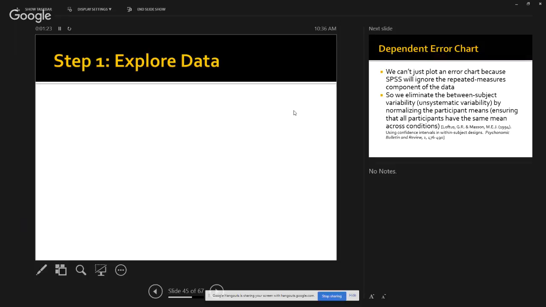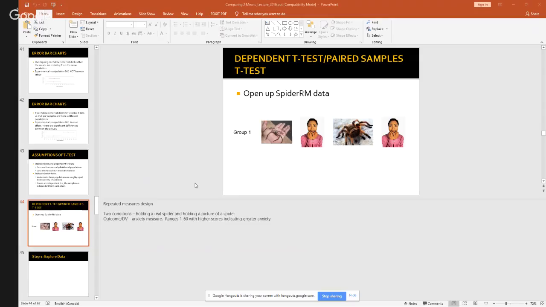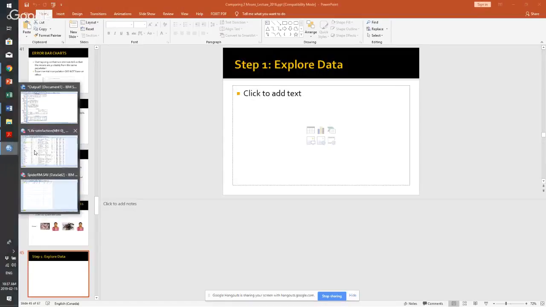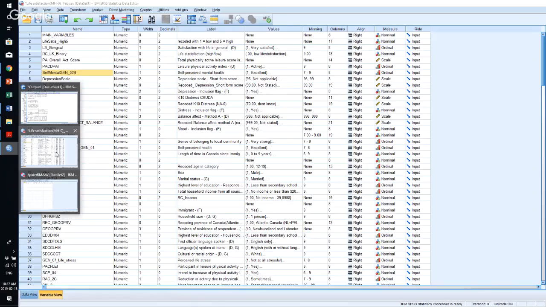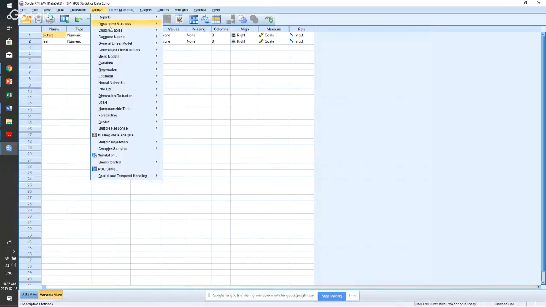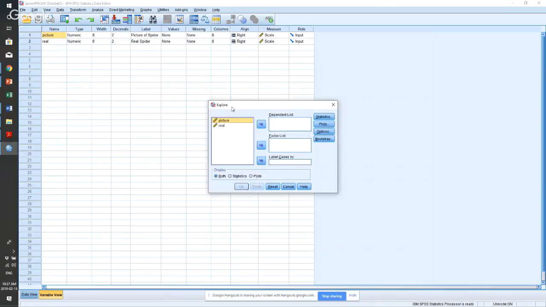So the first thing we want to do is explore our data, okay? Just like you did for your last assignment, you're going to go into explore. We're going to put both our variables in here.